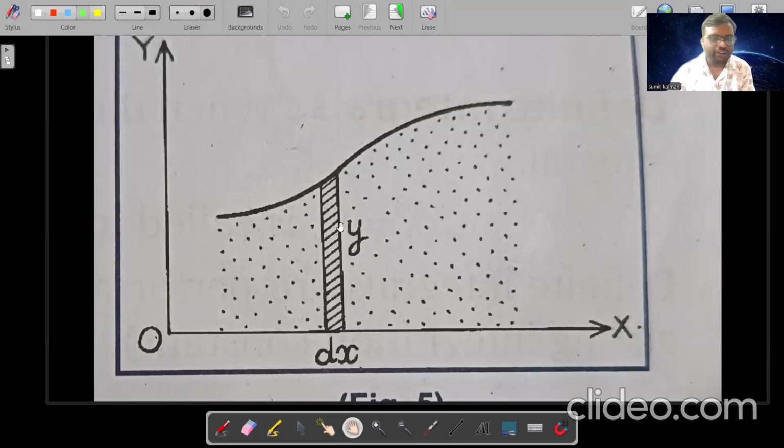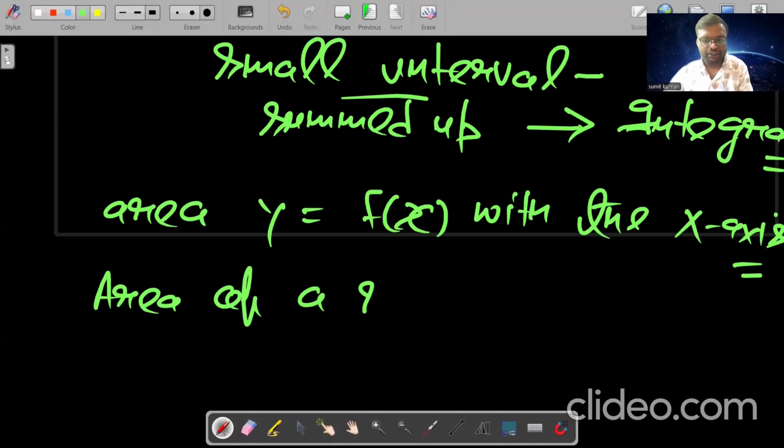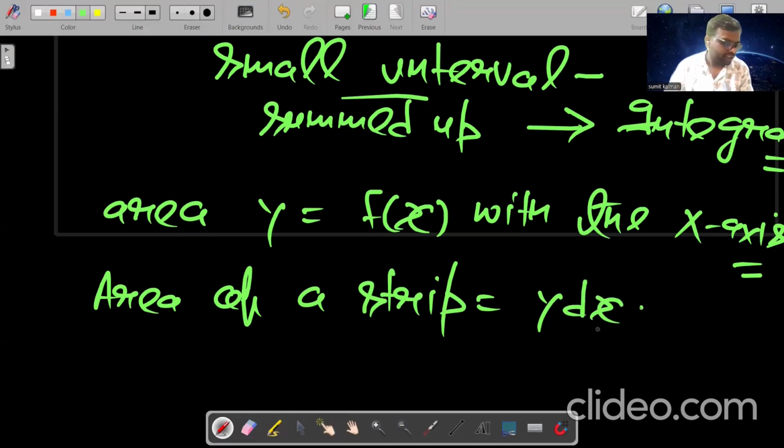If you write the area of the strip, actually this strip is very thin, so it will be length into breadth. So length was y and breadth was dx.